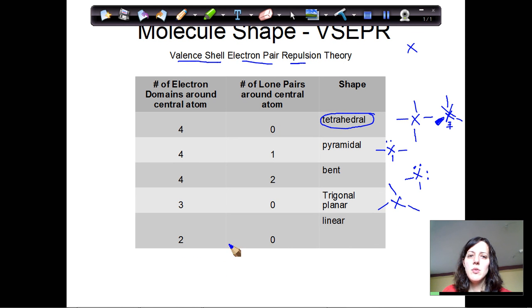So if you had 2 electron domains around a central atom and no lone pairs, you would end up with a linear or a straight molecule. So in order for that to work and have the atoms be stable, you would end up with something like this. So double bonds count as 1 area of electron domain. So this is 1 area and this is a second area.